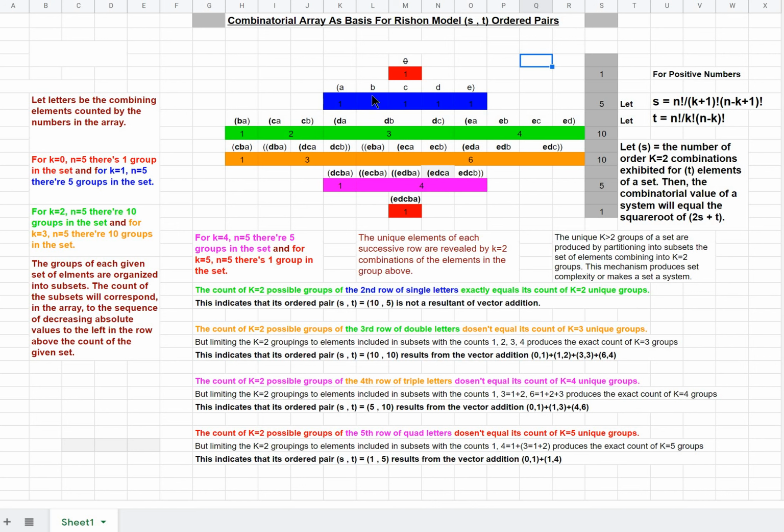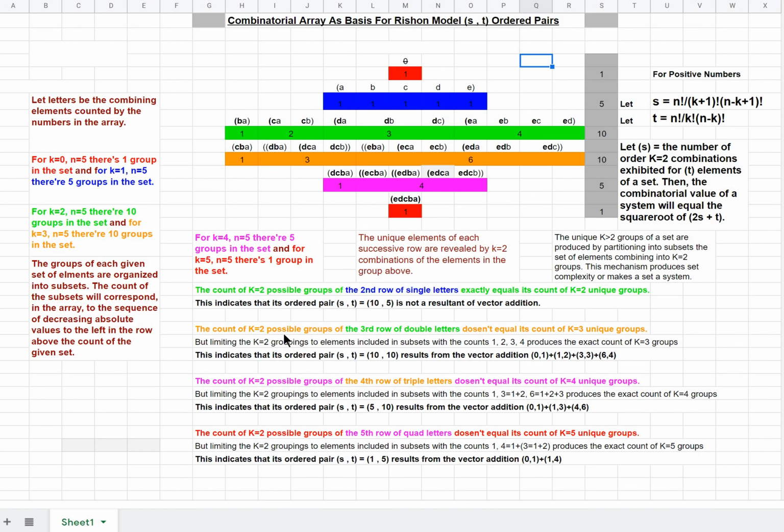That is, these 5 unique elements in combinations of 2 produce exactly 10 unique elements in this next row. So this indicates that its ordered pair S and T equal 10, 5 is not a resultant of vector addition. One might say that its space is flat in that case.